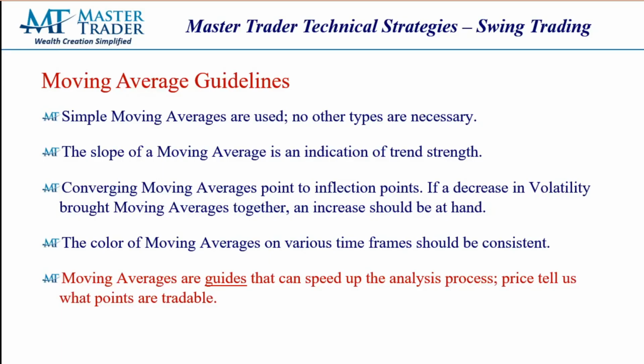Because if the moving averages have come together, there has been a decrease in volatility from what it was prior, and the more recent price action is staying about in the same area. So a longer term moving average and an intermediate term moving average are going to begin to come together the longer the consolidation is.